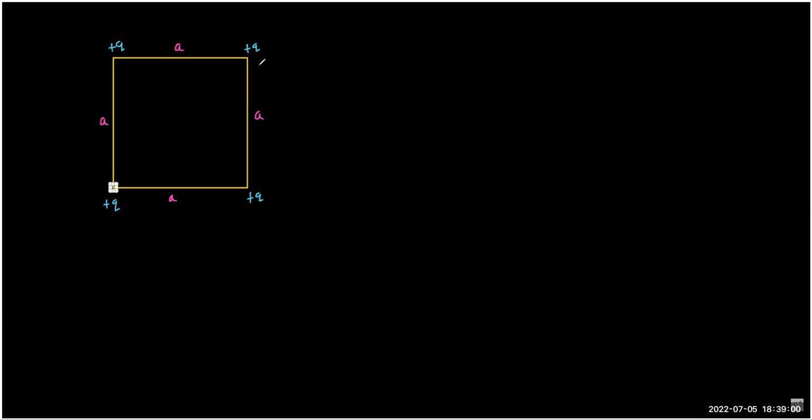So what we can realize: if I choose one of the charges, we can clearly see that the adjacent charges will repel. The top will repel down and the right will repel left. And the third charge, which is not adjacent but diagonally away, will also repel, but in this fashion.